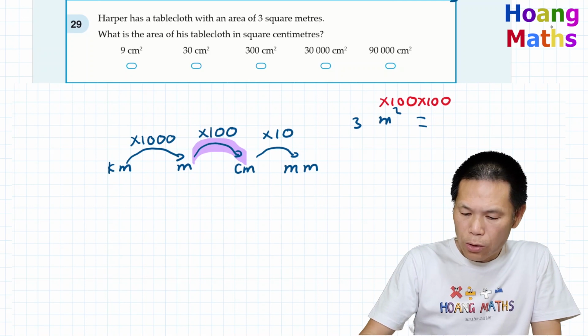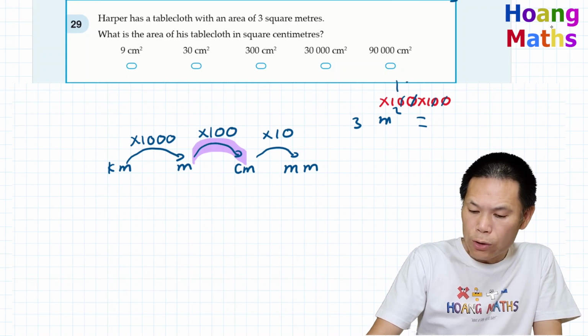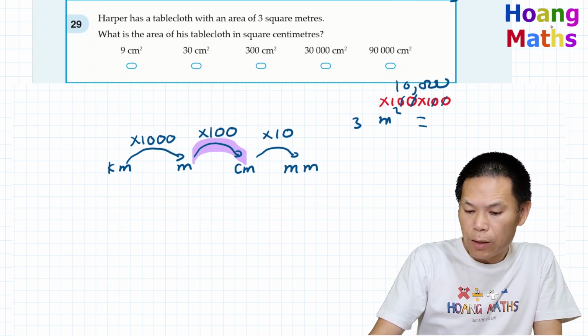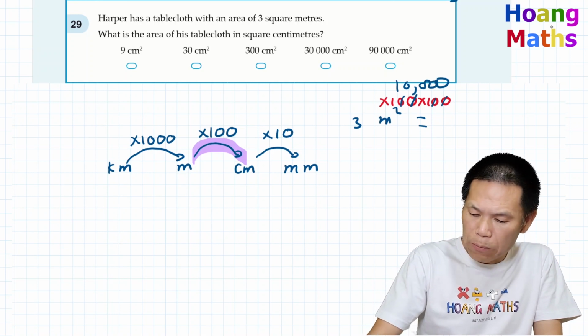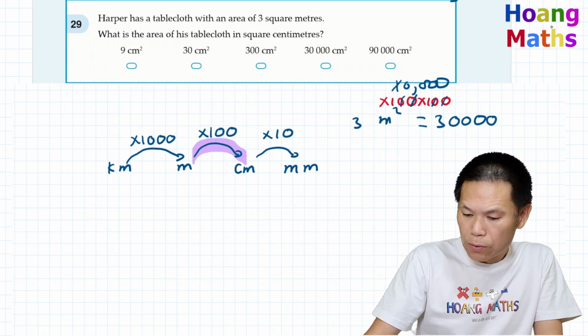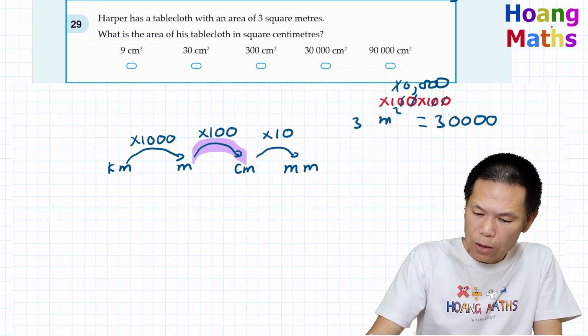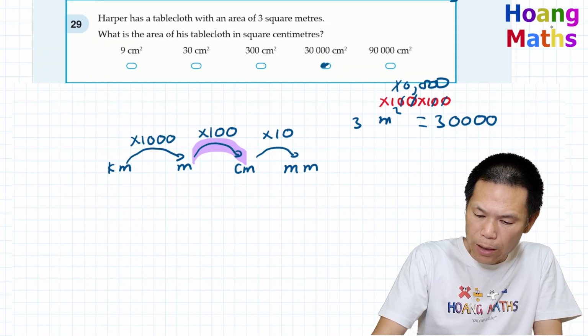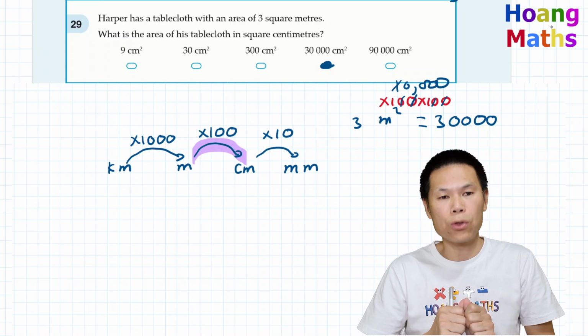So this is exactly the same as 3 times 10,000. So 3 times 1 is 3, and we add 4 zeros. So there you go. 30,000 square centimeters. So the answer is here. 30,000 square centimeters. So there you go.